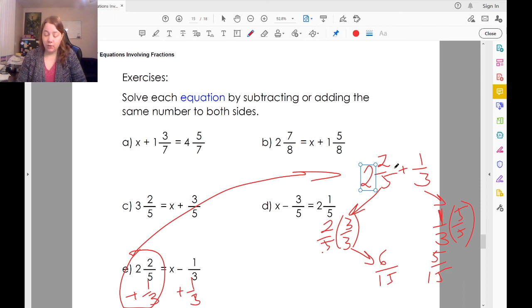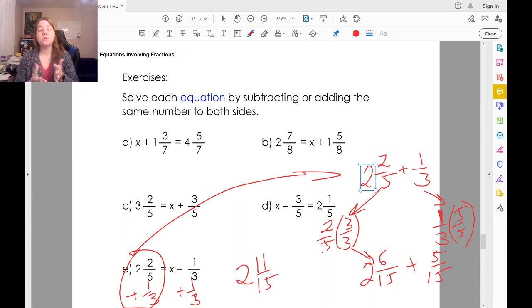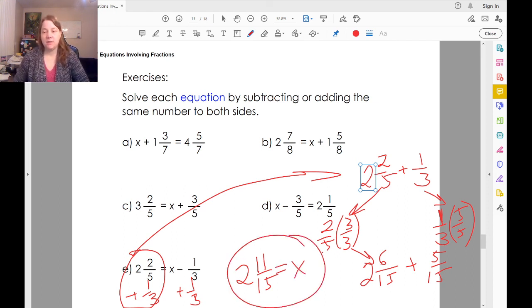I'm going to bring down the whole number and the operation symbol so that 2 comes down, the plus sign comes down. Now I have 2 6/15 plus 5/15. And when I add that up, I'm going to get 2 11/15. Remember that 2 11/15 is not my answer, but equals x. 2 11/15 equals x is my answer.